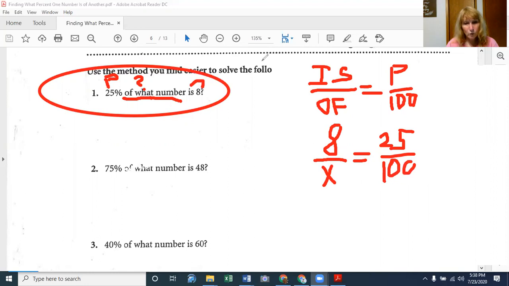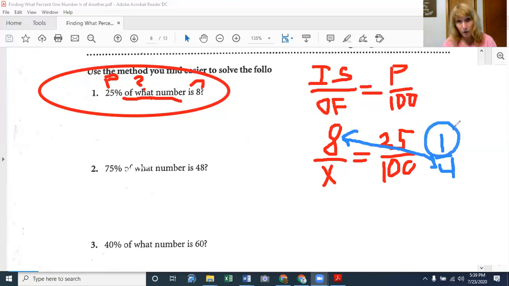First, let's reduce. This time we're reducing 25 over 100. So that becomes 25 divided by itself is 1. 100 divided by 25 is 4. So we're going to cross multiply 8 times 4 this time and divide by the number that's left. This time the number left is over here.